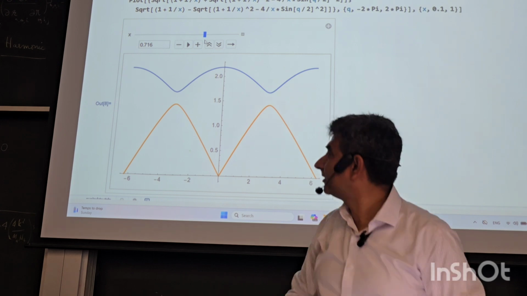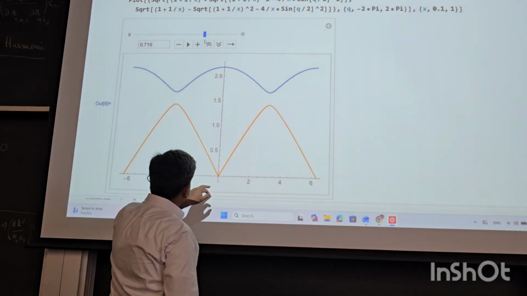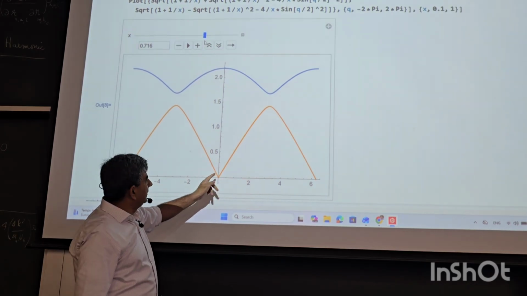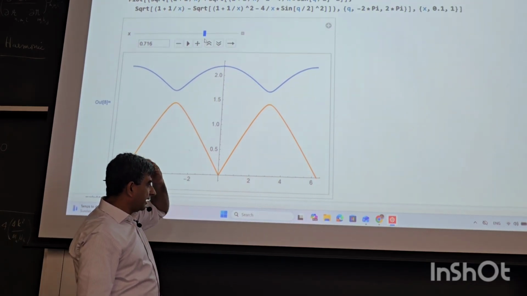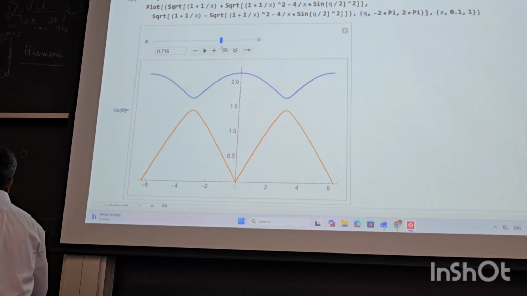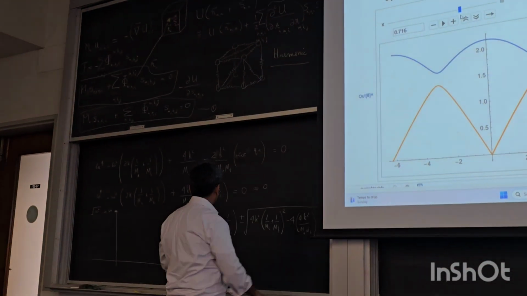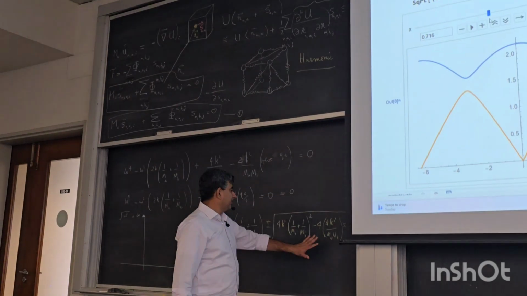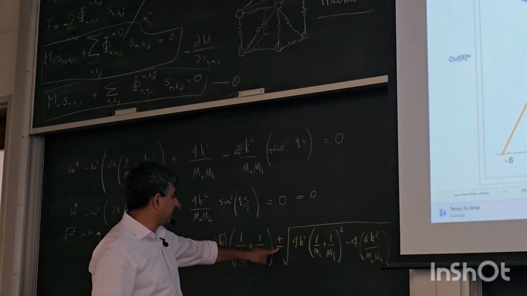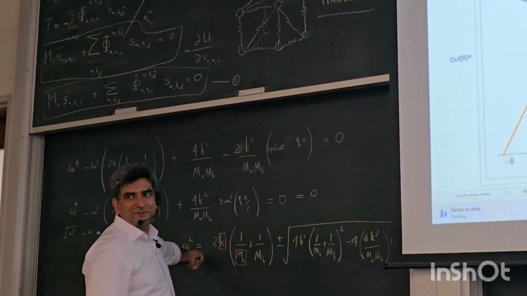And these branches, now this branch starts when q is 0, omega is 0. And if you look at the solution here, if you put q equals 0 here, this becomes 0, right? This becomes, with the minus sign, 0, so omega becomes 0.